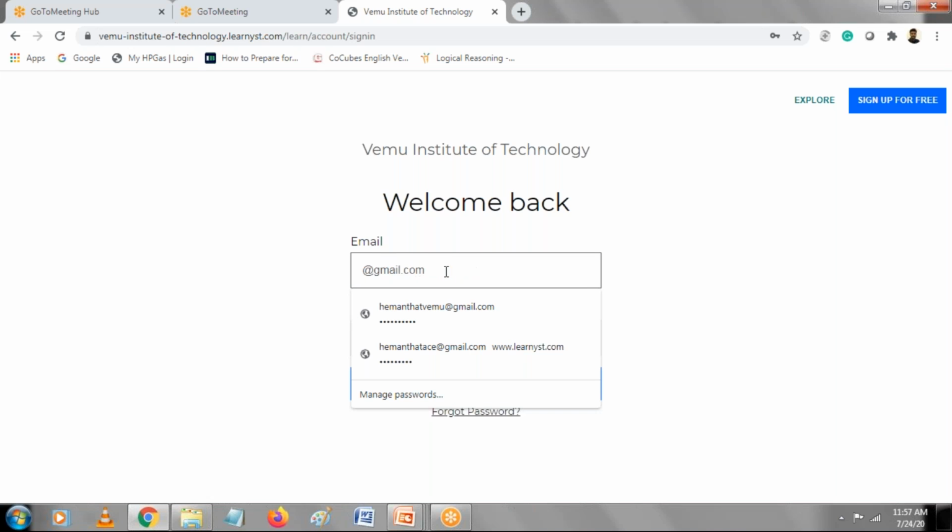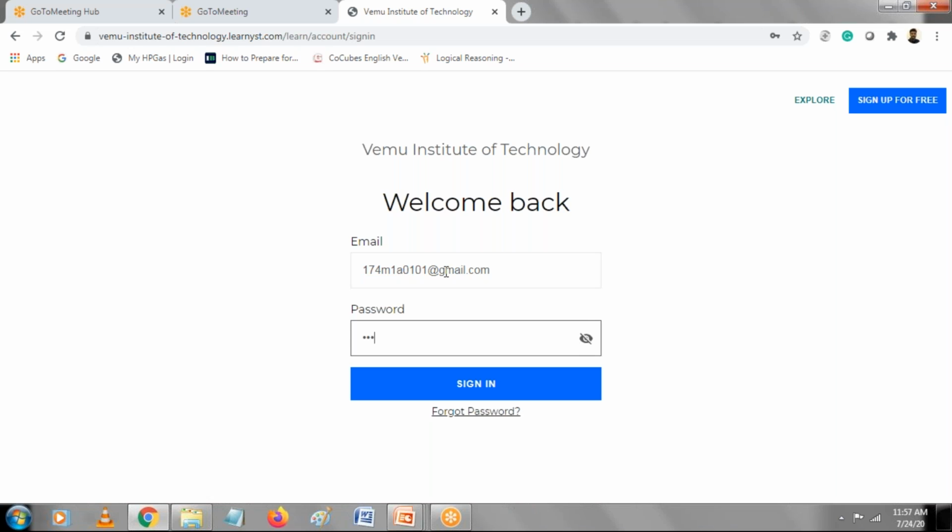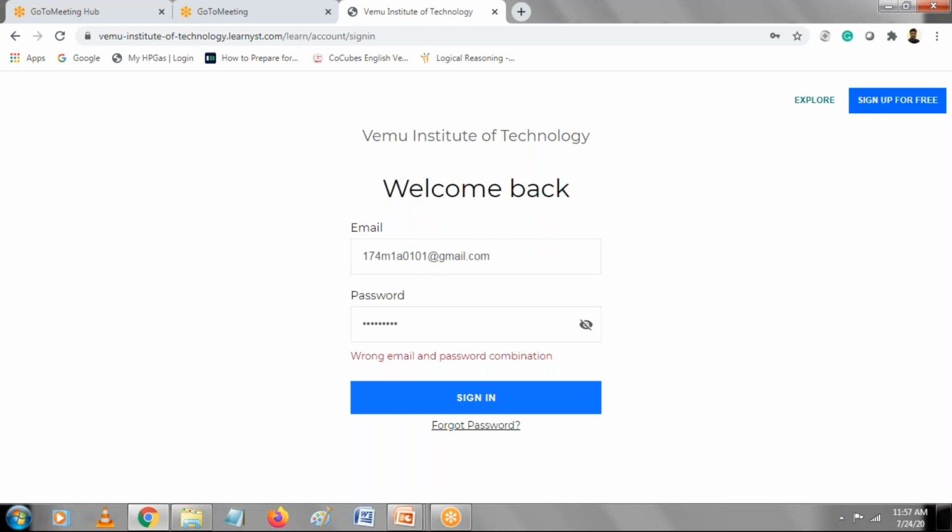Sign up using your roll numbers, whatever roll number you have. I didn't sign up for free. I went for sign in directly.